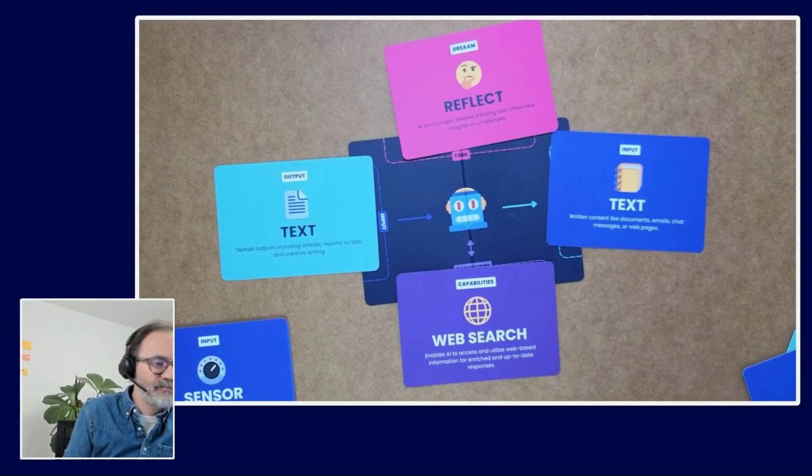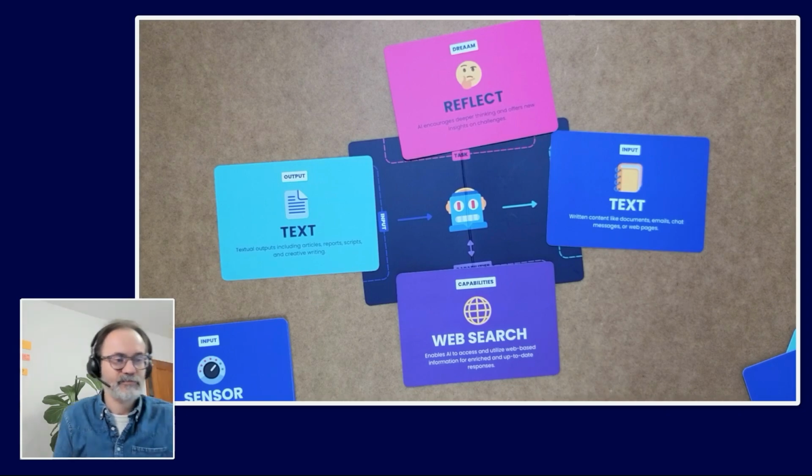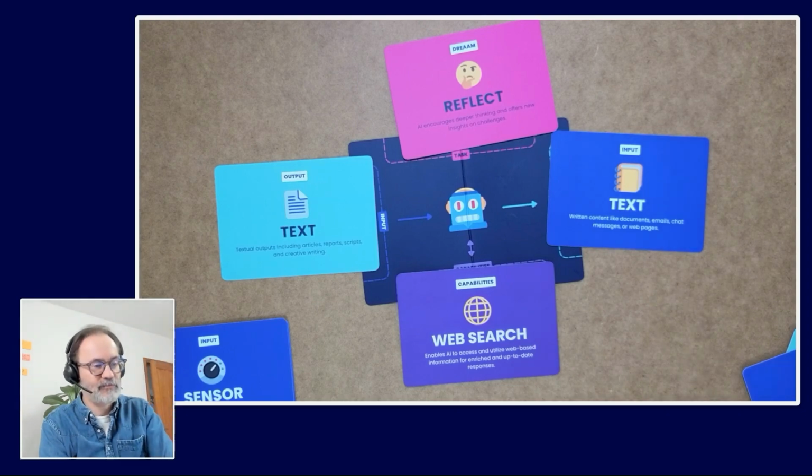But my question is, we can all imagine how fast this is changing. There's another company, another iteration of Gemini or ChatGPT where you're going to need, in addition to capabilities, some other category of cards. Or do you think this is going to hold for a while? This architecture is it.